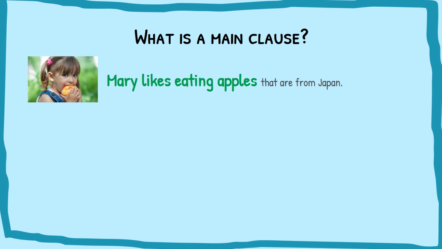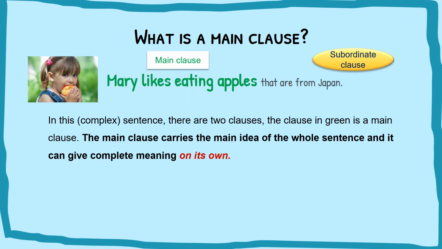So what is a main clause? Mary likes eating apples. That is the main clause. And what does a main clause do? The main clause carries the main idea of the whole sentence, and it can give complete meaning on its own.